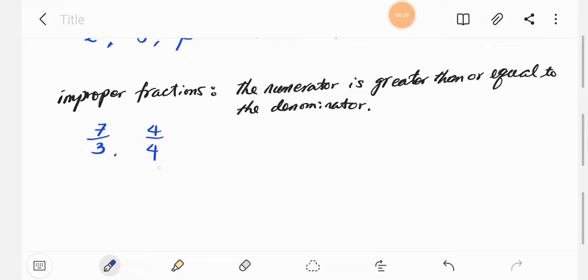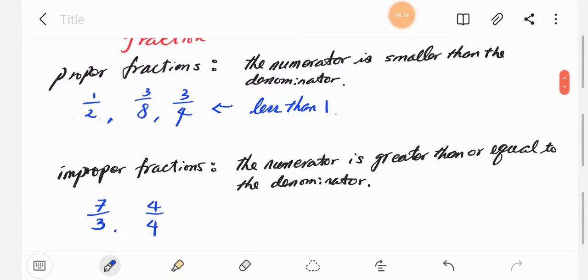These are improper fractions. If the numerator is greater, we call it improper. If the denominator is greater, that is proper. Get it?